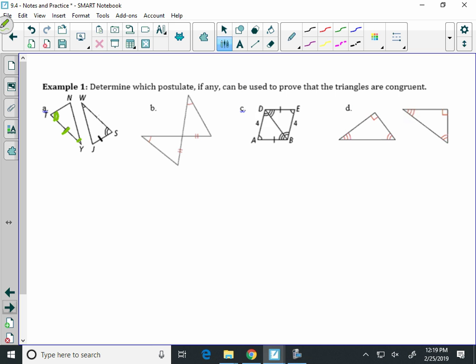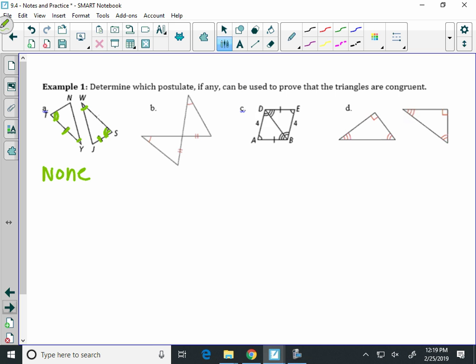No. The side's over here, right? We have an angle, the side's not marked, and then an angle and then a side. Do they have the same pattern in each triangle? No. So can we say that these triangles are congruent? No. They might be congruent, but we can't really use a shortcut to say whether or not they're congruent.